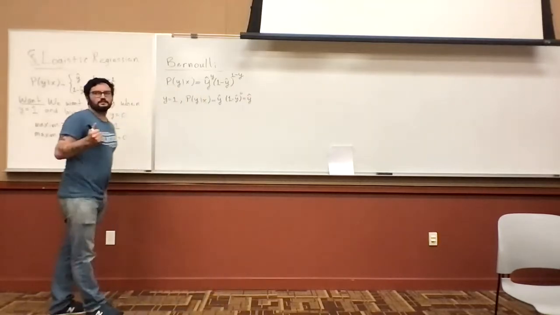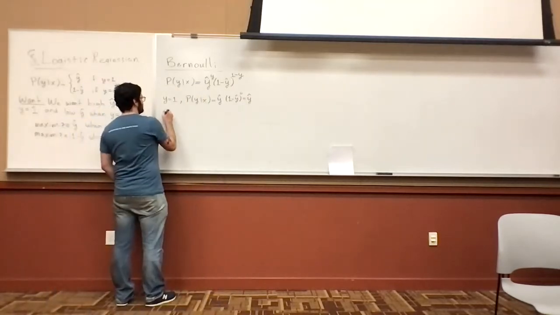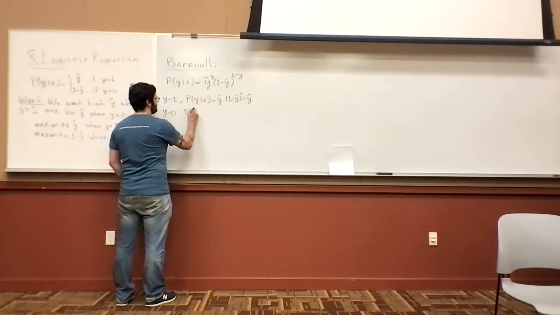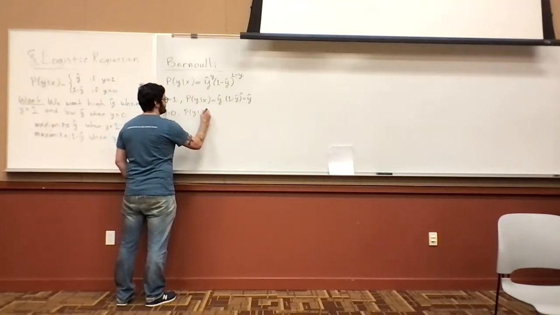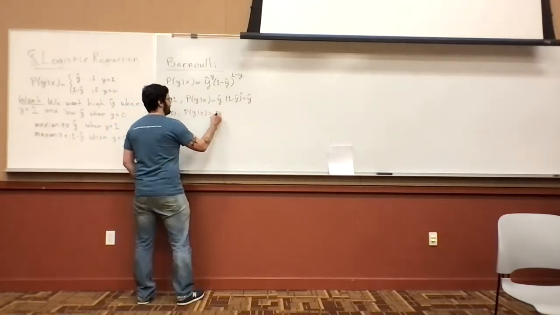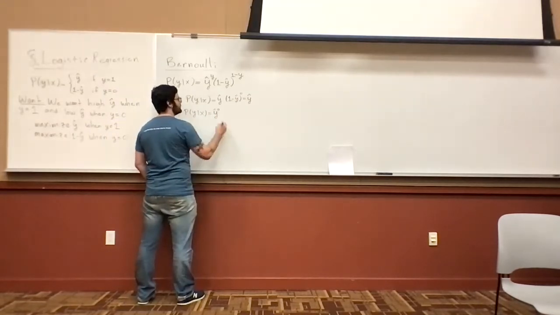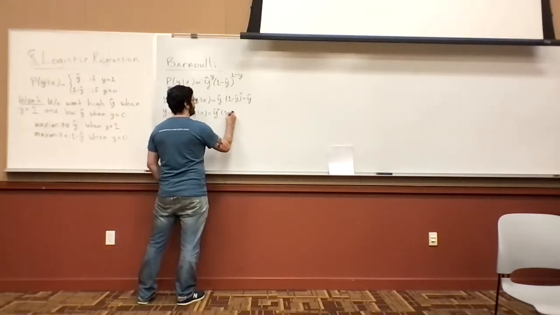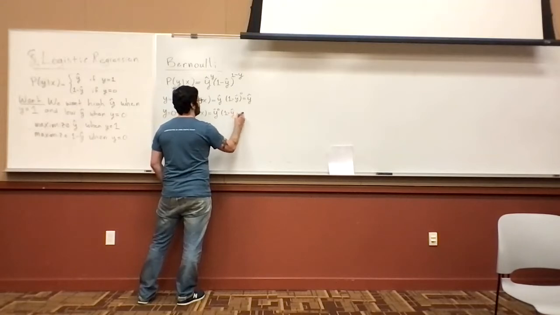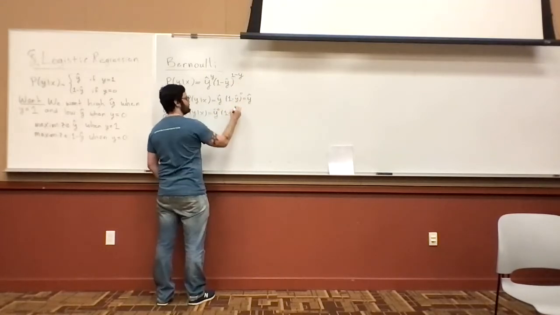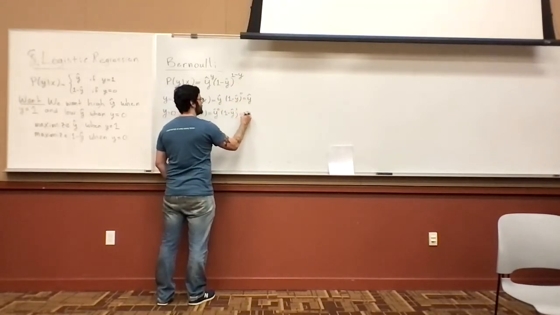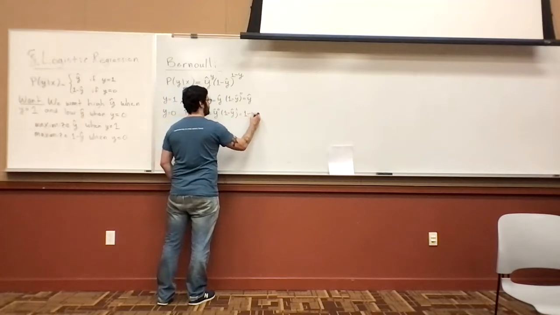Good. So what about when y is equal to 0? Now the probability of y given x is going to be y hat to the power 0 times 1 minus y hat to the power 1, which is just equal to 1 minus y hat.